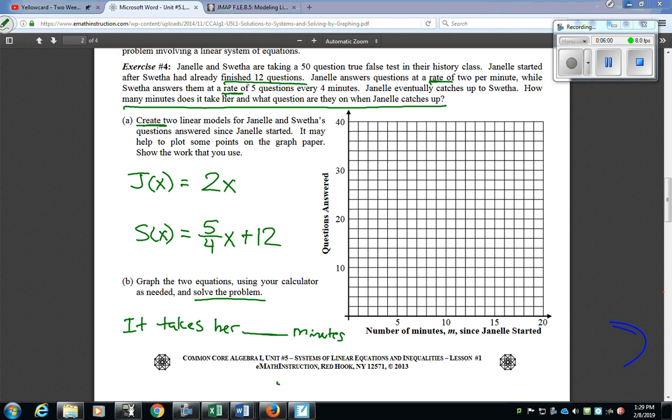We'll fill that in if we get our data on the graph. And what question are they on when she catches up? They are on question blank. So we have 2 questions posed in this one, so we have to use 2 sentence stems for it. Okay. If you have any other questions, please feel free to ask me in class, and good luck.